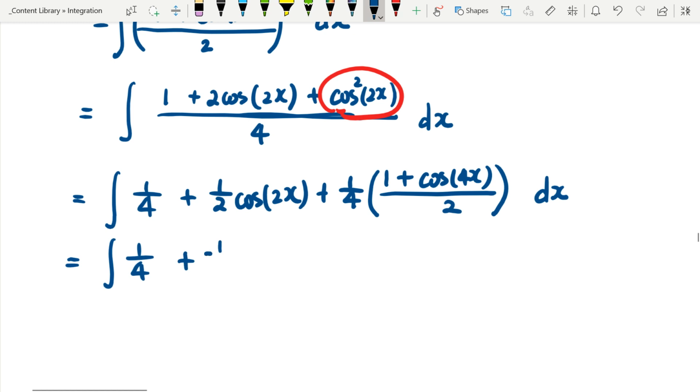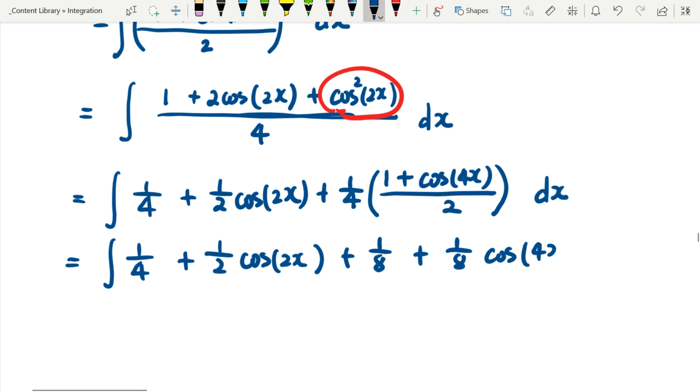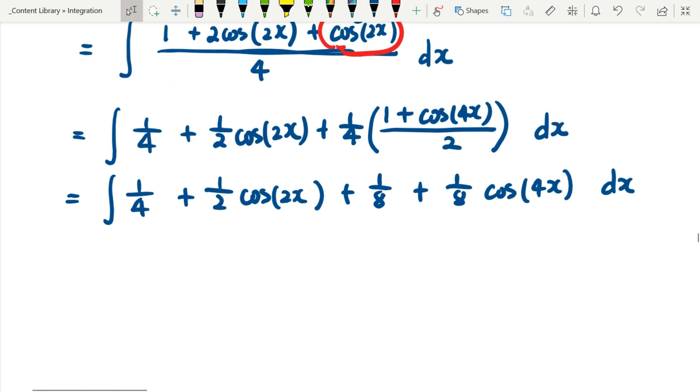I don't need to use substitution in this case. So what I have is 1/8 plus 1/8 cosine 4x dx. So 1/4 and 1/8 gives you 3/8.